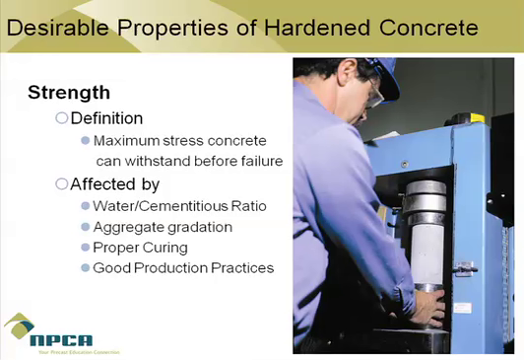So when we say we have a 4,000 psi concrete, that means that we could set a 4,000-pound weight on a 1-inch by 1-inch square area of concrete and the concrete would be able to withstand that force. Concrete's compressive strength is affected by the water-cementitious ratio, aggregates, and production practices.